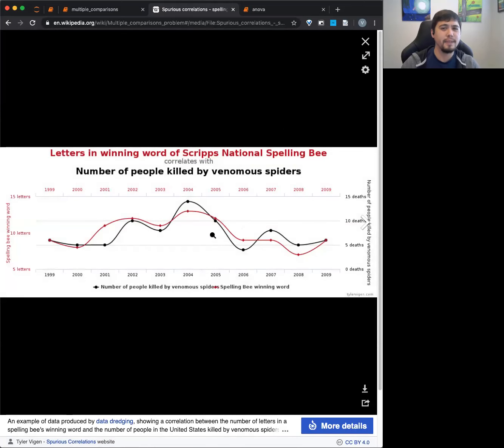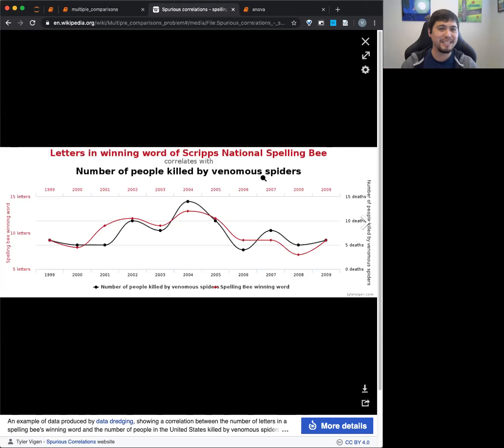This is kind of mixed with correlation versus causation, but you can see they have a little example: letters in the winning word of the Scripps National Spelling Bee and the number of people killed by venomous spiders. And you can see a perfect correlation. So maybe, for the sake of people being killed by spiders, we need to make sure the last word in the spelling bee is as short as possible, right?